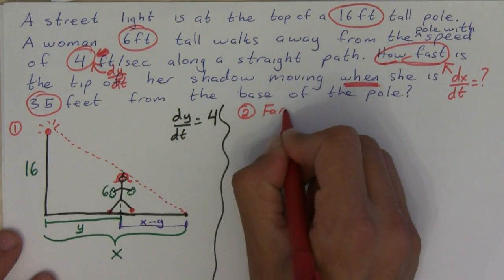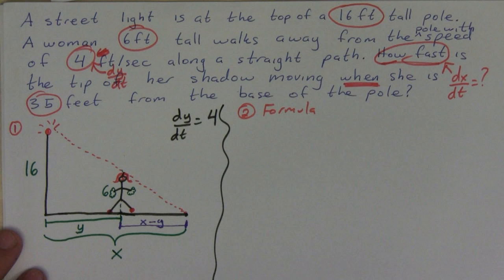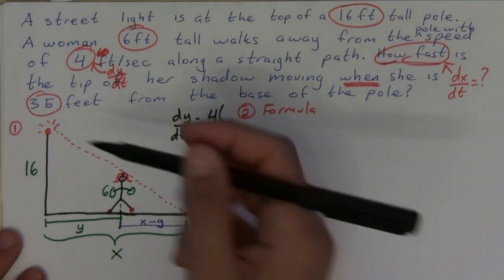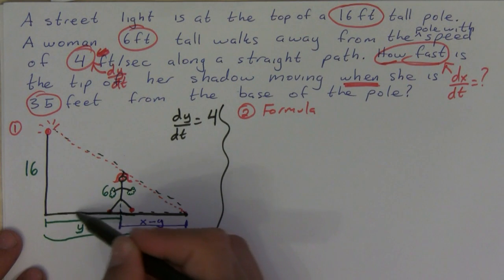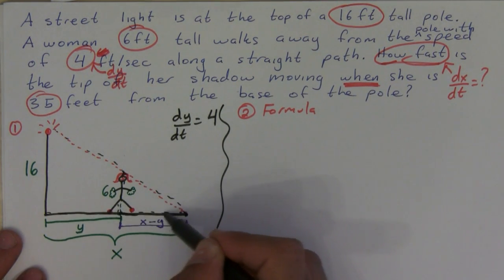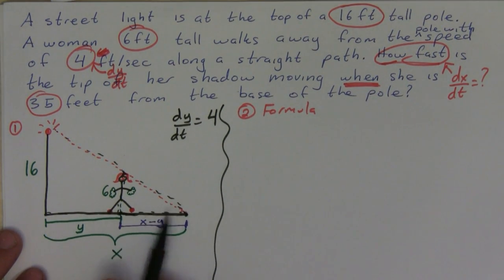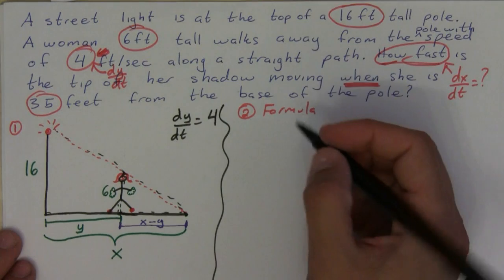Now the second part is, remember, we need to find a formula that relates all of our information. And this doesn't look very formula friendly. I mean, we have the Pythagorean theorem, but that doesn't really help us very much. But notice that if you look at the outside triangle and this inside triangle, these are similar triangles. So you can write a proportion.